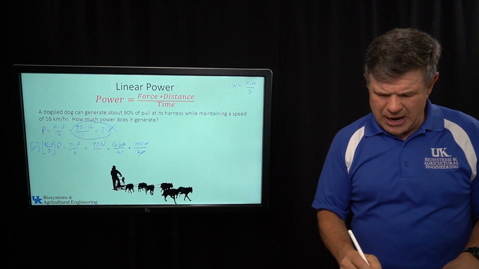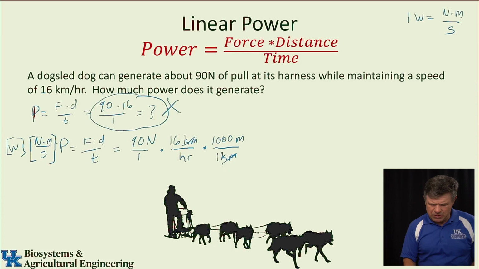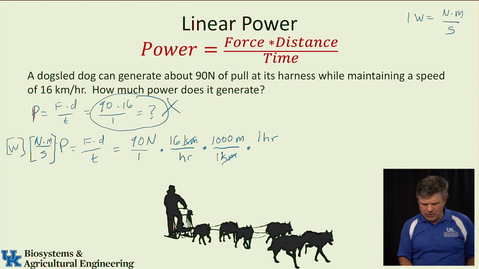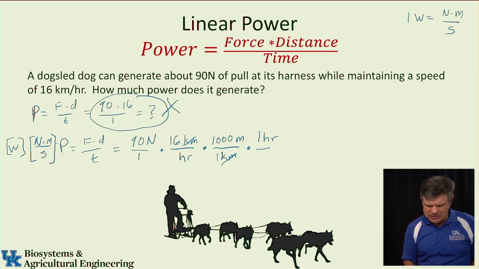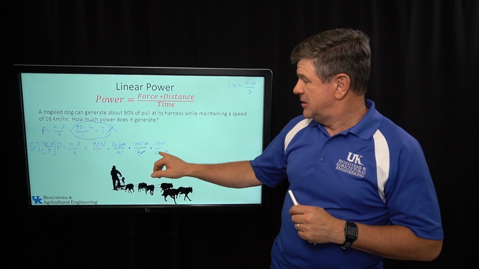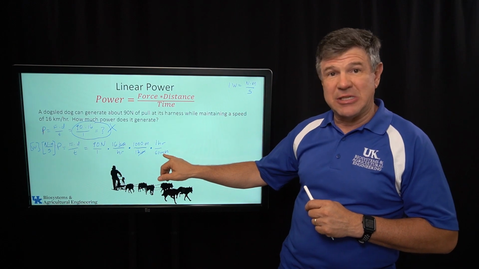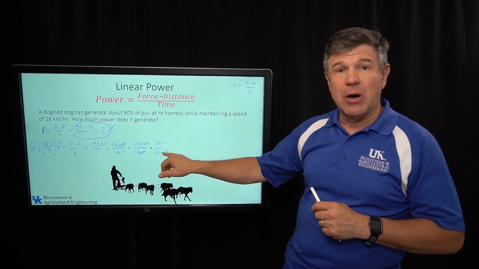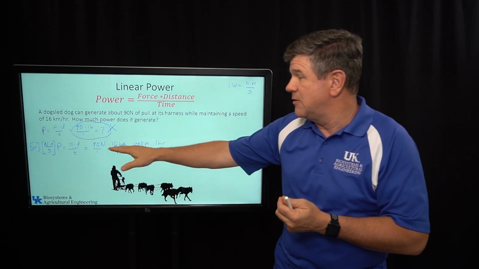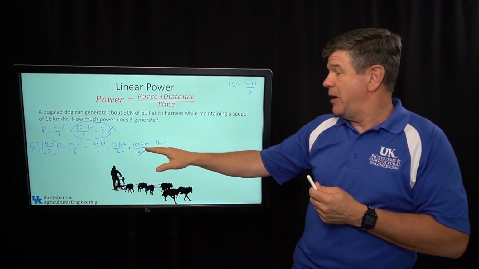I need to get rid of the hour, so I'm going to multiply this by some fraction that has 1 hour in the numerator. That's going to cancel that hour off, and I know that there are 60 minutes per hour. 1 hour is the same as 60 minutes, so top and bottom are exactly the same amount, so that's like multiplying by 1, so I don't change the value of my equation.